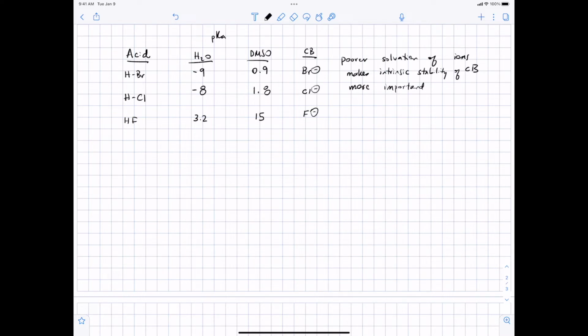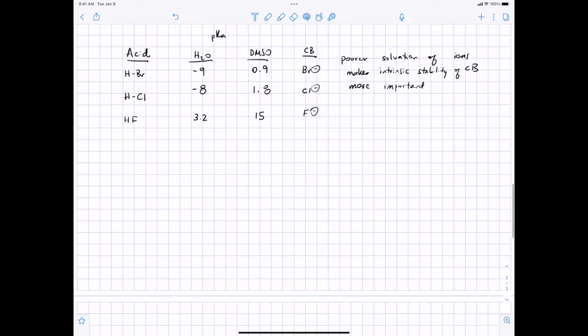So when you learned about pKa's, say, of these three acids, you learned that HBr is more acidic than HF, and that's related to the fact that Br minus, the conjugate base, is more stable than F minus. Bromide more stable than fluoride. Yeah, go ahead. Because of the size of the bromine?